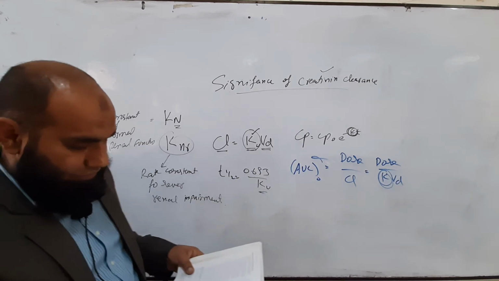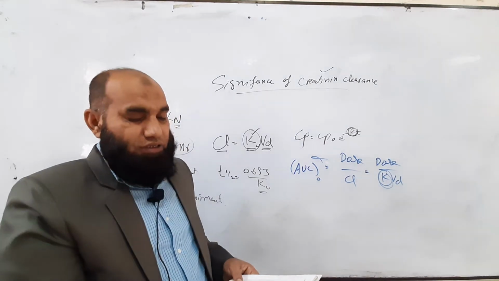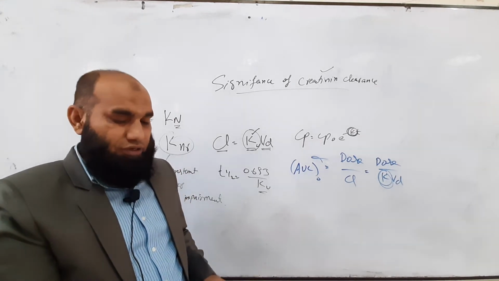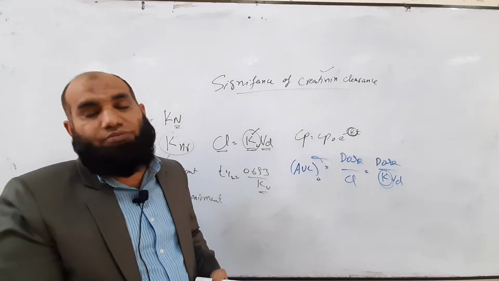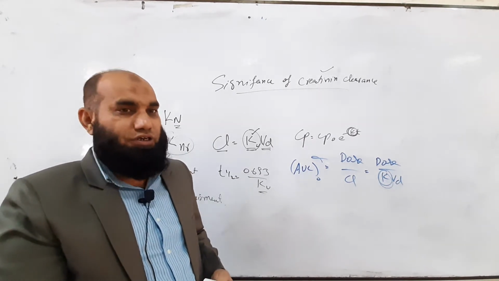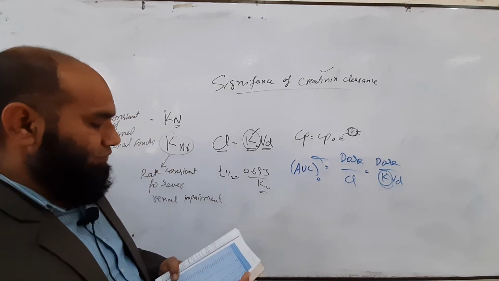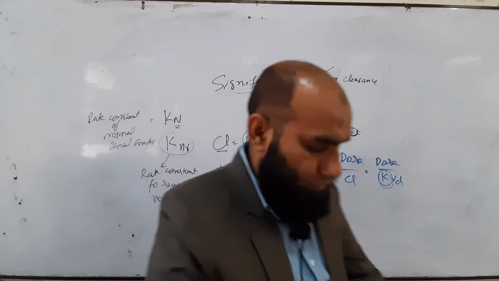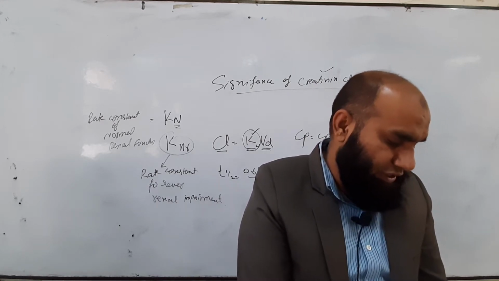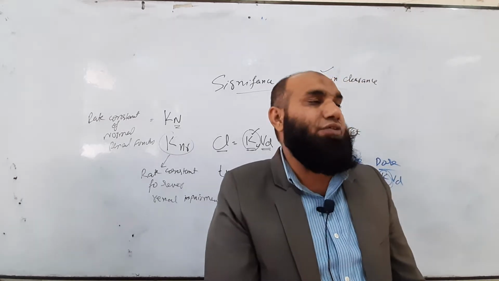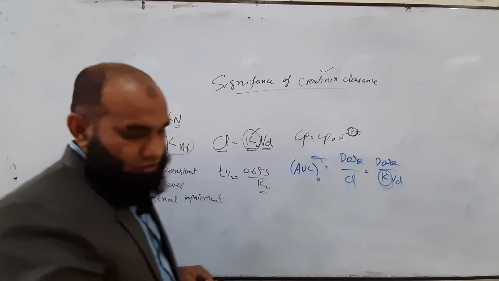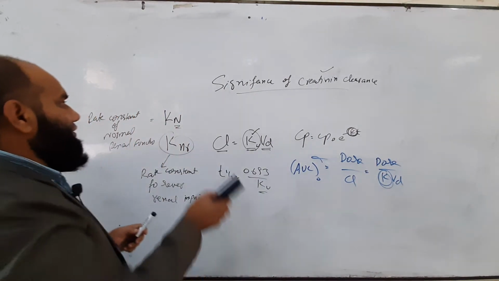These two rate constants will give us some information regarding a relationship, and there is a table in which different drugs are given and their Kn and Knr values are written. In this table we divide the drugs into groups A to L. For these groups we have different drugs and their Kn values, the rate constant for the normal range, and the rate constant for the renally impaired range.